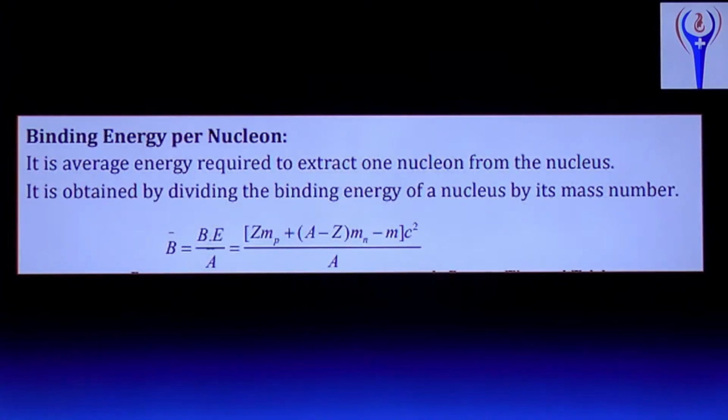Binding energy per nucleon, that is BE by A. Binding energy per nucleon is the average energy required to extract one nucleon from the nucleus.